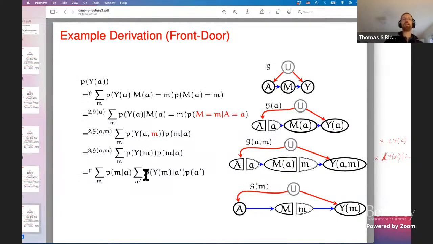And then finally, I'm pulling the P of MA out to the front, and I'm using the law of total probability again to re-express this term like this.